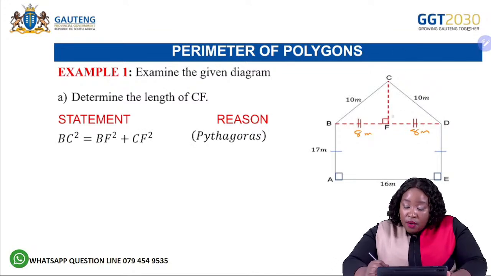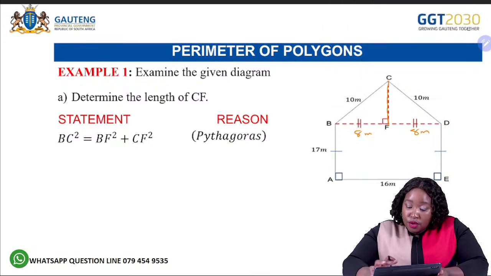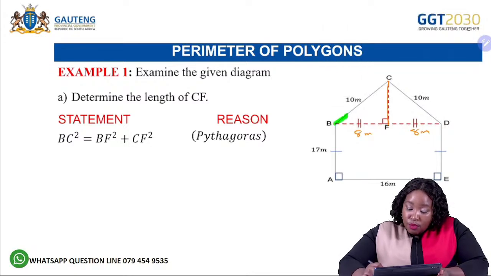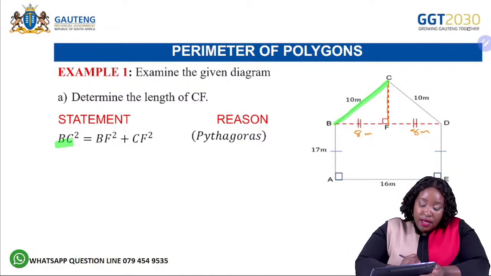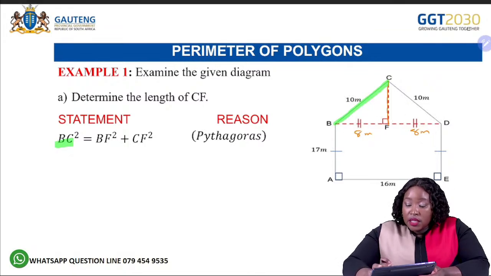Then we now have to find the side. Do you notice that we actually have a hypotenuse? There's a hypotenuse BC. There it is. Okay, and then we have a side BF. Do you see your side BF? It's 8 meters.